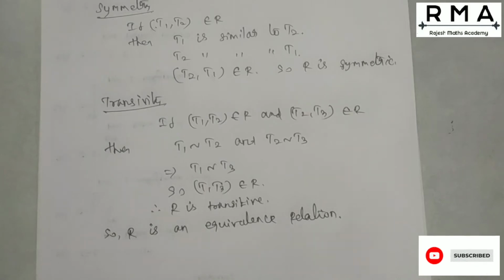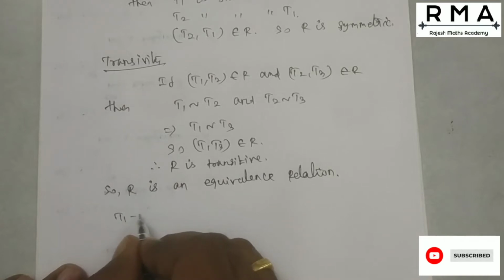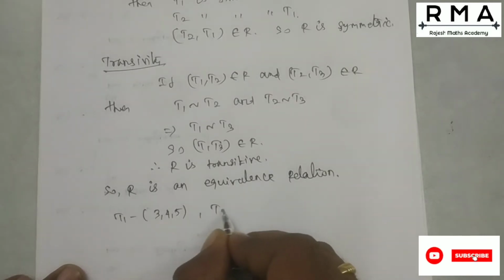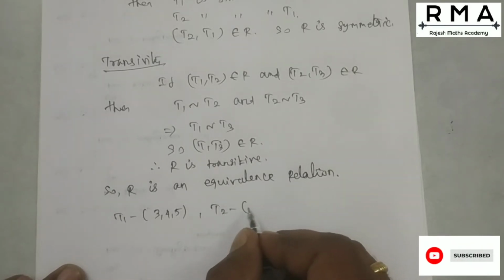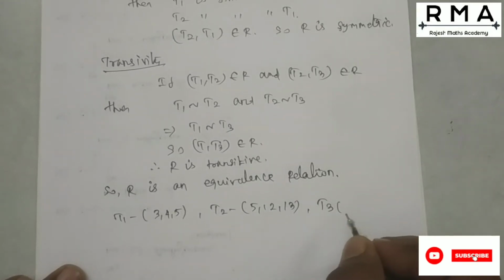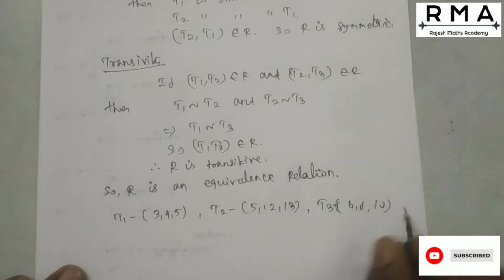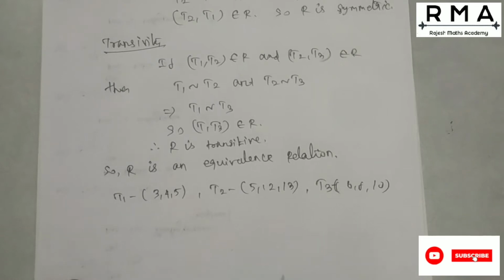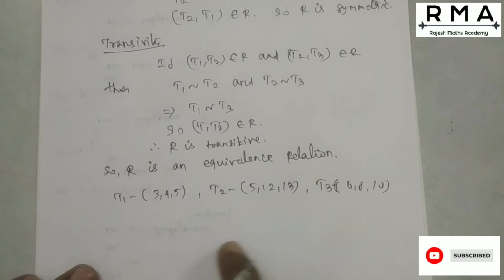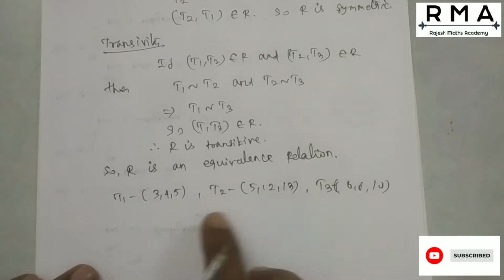And one more thing is given here. The question is about the triangles: triangle T1 has sides 3, 4, 5. Triangle T2 has sides 5, 12, 13. Triangle T3 has sides 6, 8, 10. Among all these three, which two are related? Which two are similar?